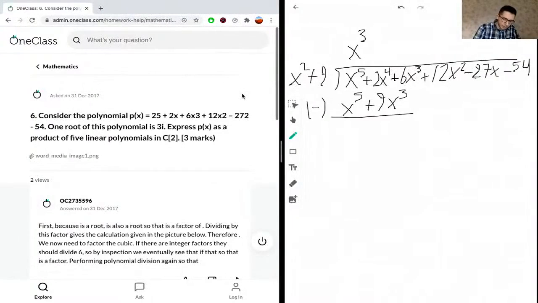We still remain with 2x to the power 4, minus, because we have 6 minus 9, so minus 3x cubed, plus 12x squared, minus 27x. So just the remaining of the polynomial. Just give me a second to write this down.